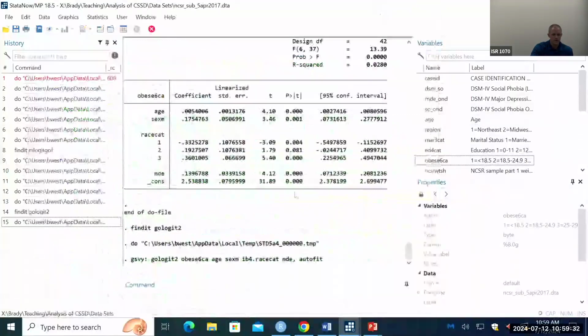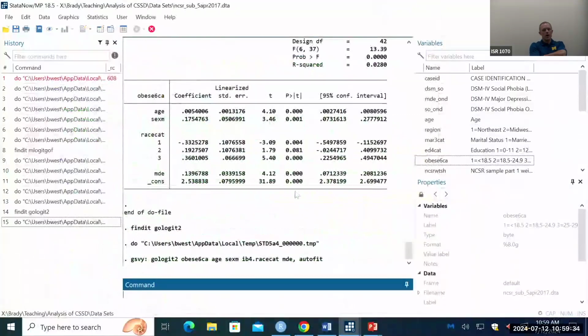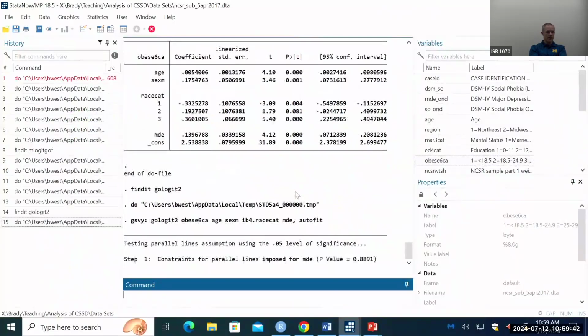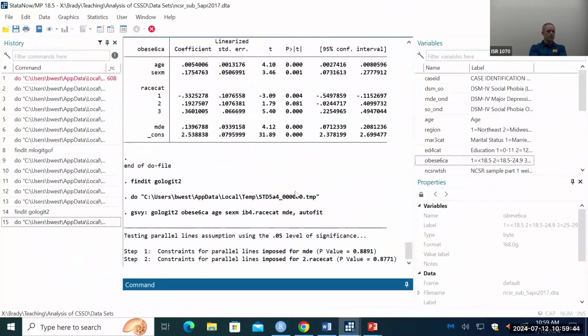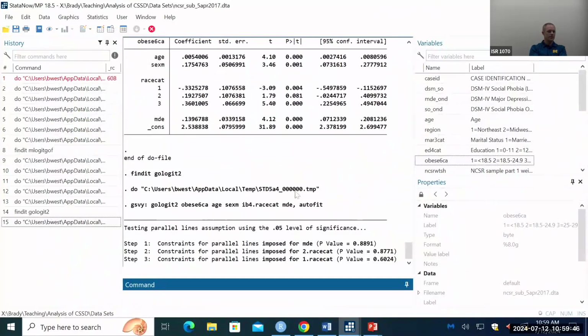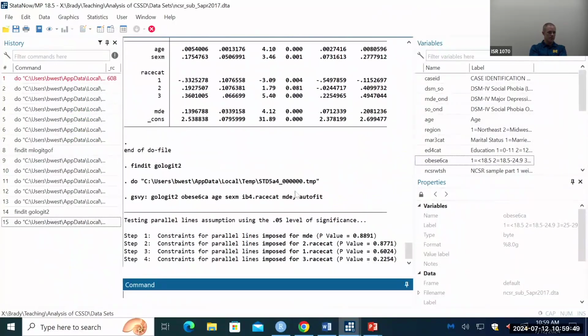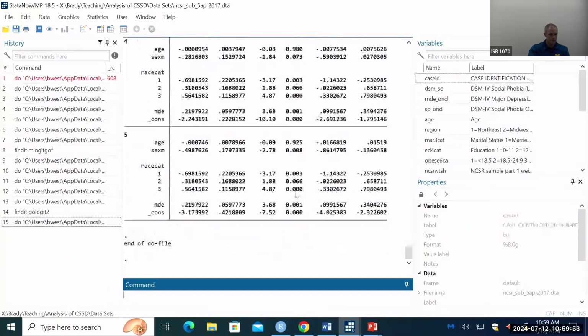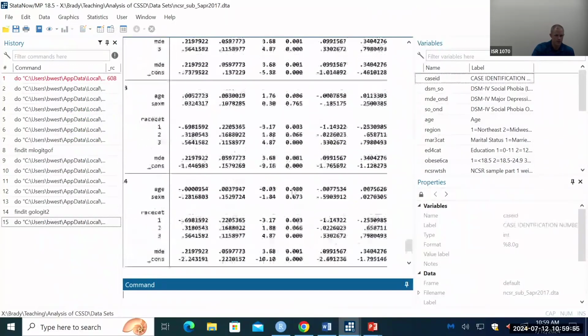Okay. So it's going to take a sec, but I want you to watch the screen and watch what's being shown as this model is being fitted. Okay. It's going to go through, fit the full model, and then test all those possible constraints for every single predictor. Test whether or not the coefficients are equal across those different possible logits. Okay, so in this case, it went really, really fast.